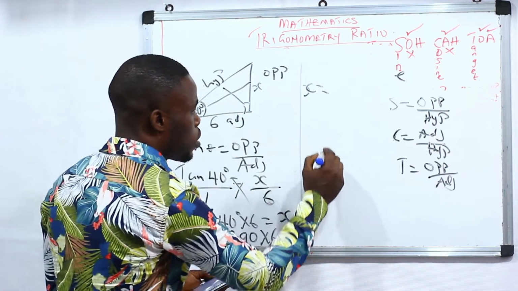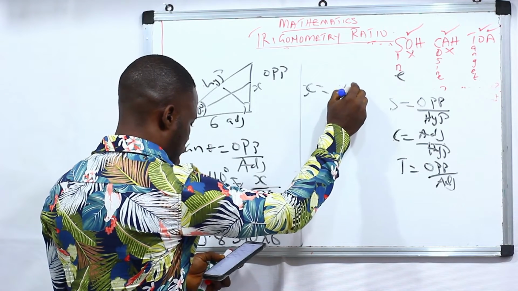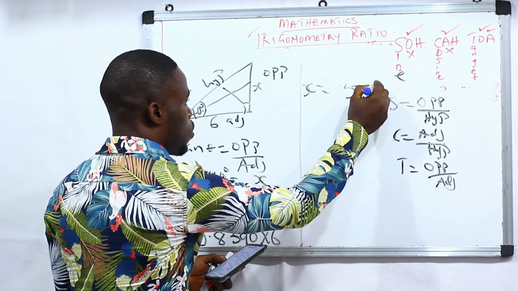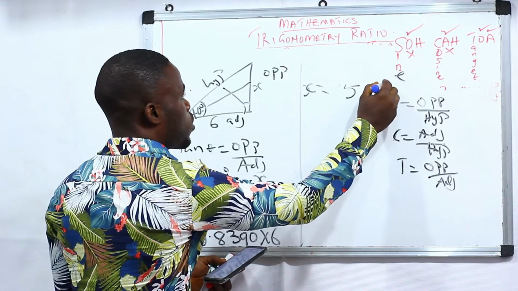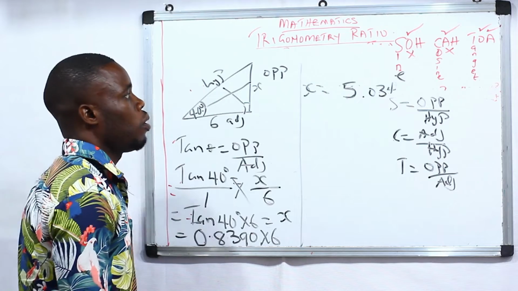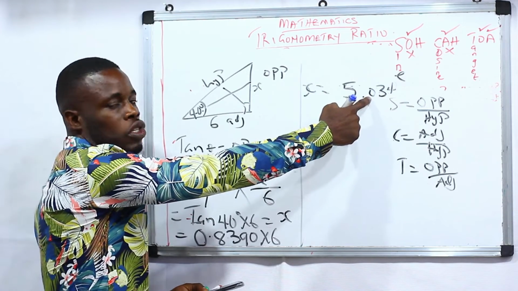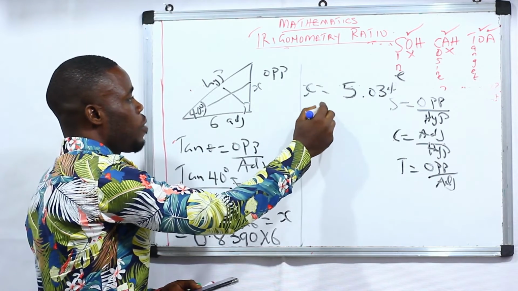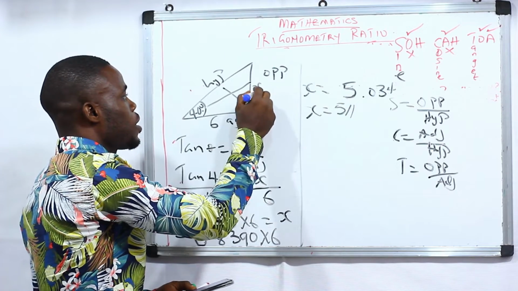This will give us 5.034. Now looking at this here, 5.034. We cannot take 1 from 0, it's not possible. So therefore our answer, our x is equal to 5. You can see that we have 5.